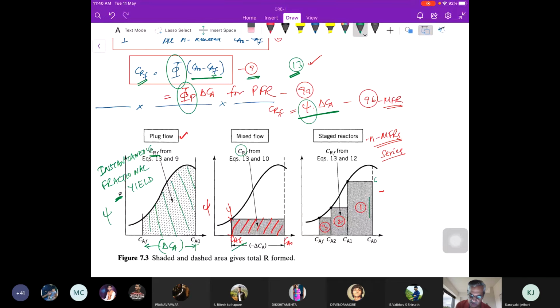So again this is psi1, this is psi2, so psi2 into delta CA, CA1 minus CA2, and this is psi3. So psi3 into CA2 minus CF. So this is the third. Then this will be CR.